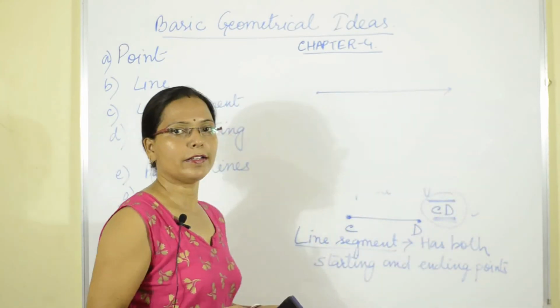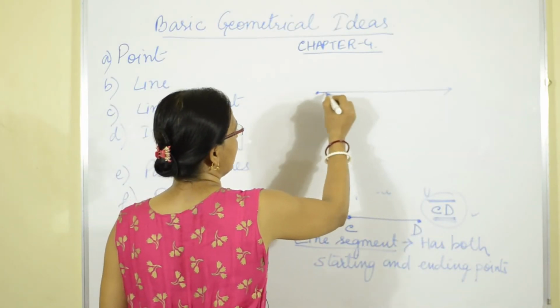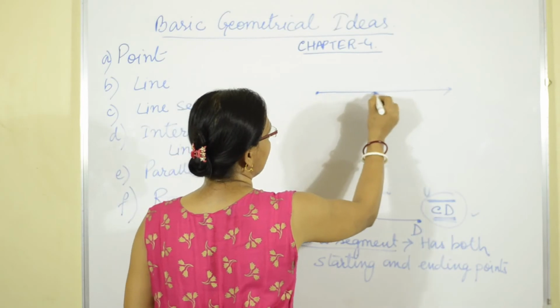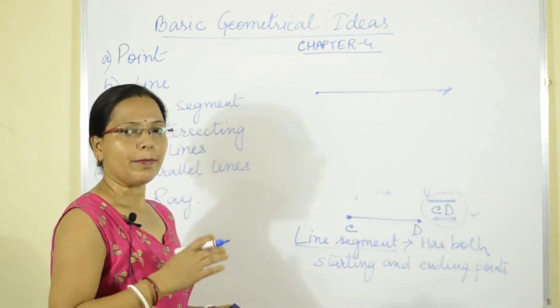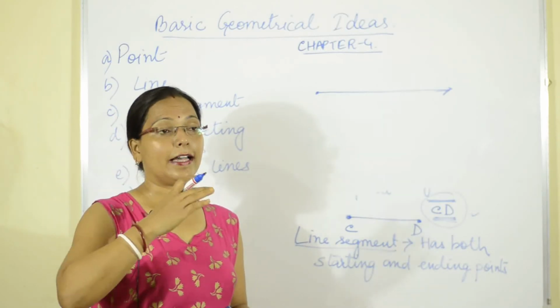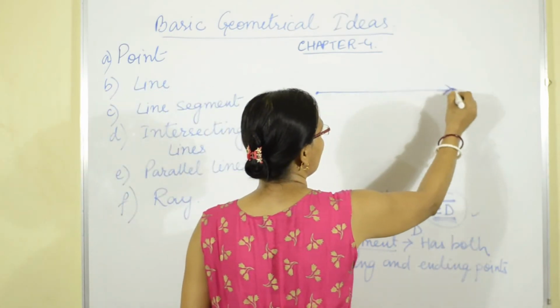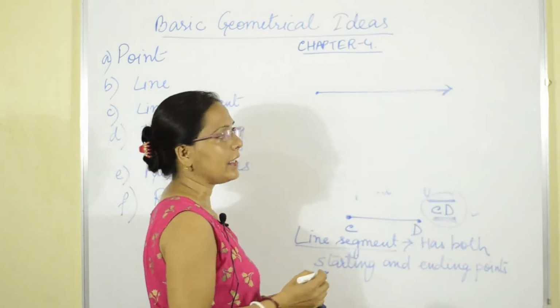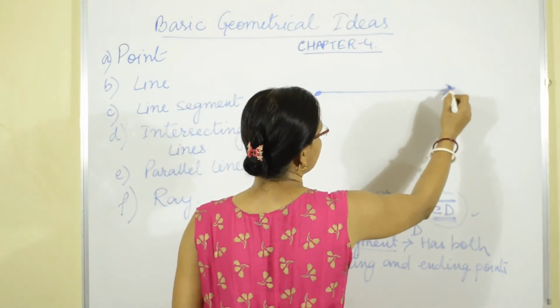The starting point is the sun. The sun's ray comes and we can see up to that place till our eyesight permits. So a ray has no ending point.